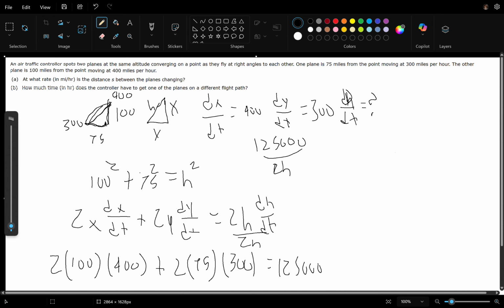And then if we do the math, that gives us 125. So we can now replace that h with 125, and then since they're coming in on each other, you just use a negative.